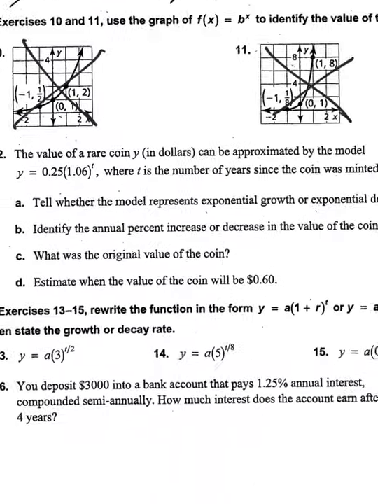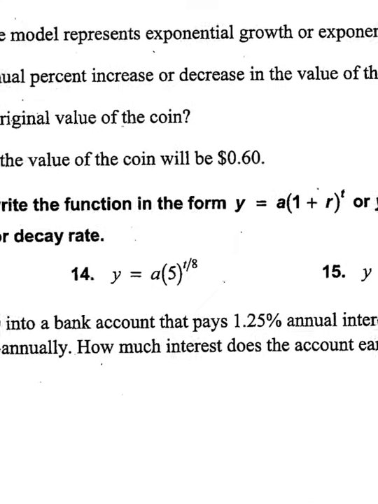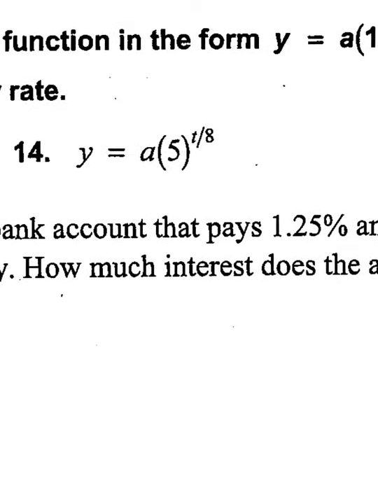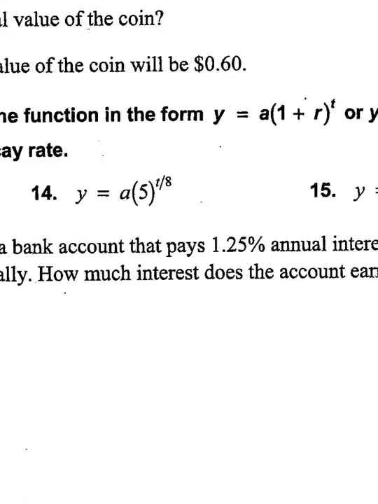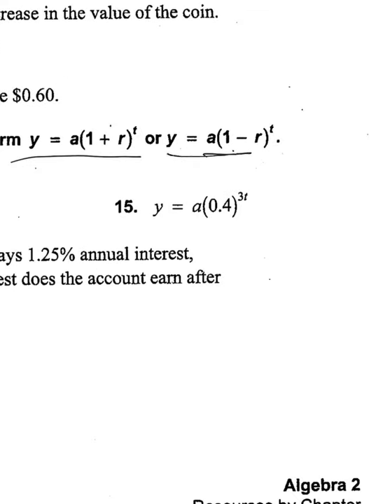Next, these are the ones like what I was talking about before. We saw these actually. So on 14, what we want to do is rewrite it either in this form, which is a growth form, or in this form, which is a decay form.